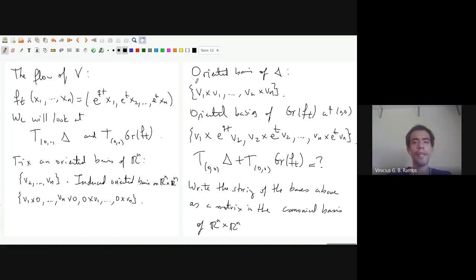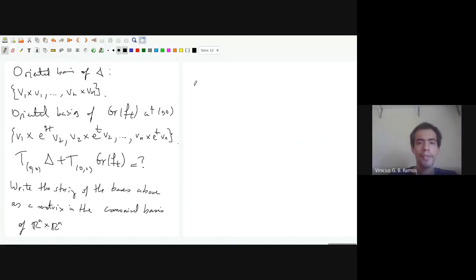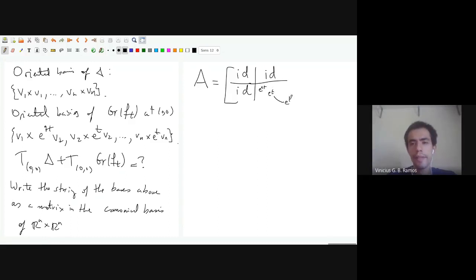Basically you have to write each one of these in this basis. This will give me the following matrix. Identity, that's the first n columns. Then the next n columns is going to be identity, and then I have e to the qt, e to the t, e to the t.